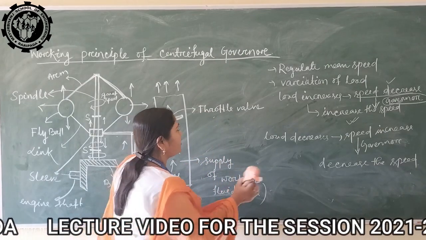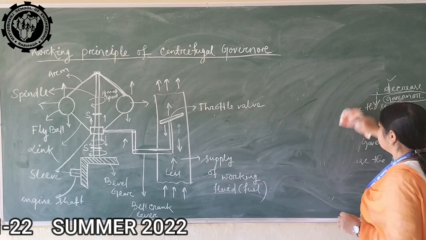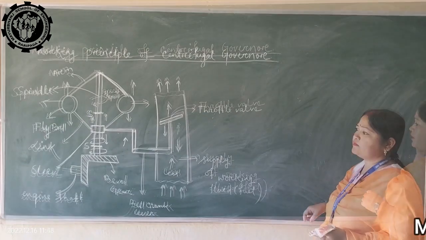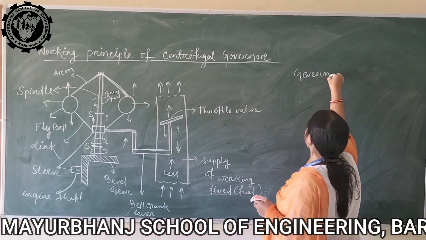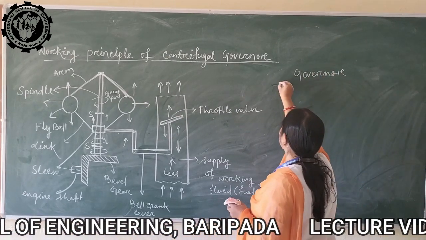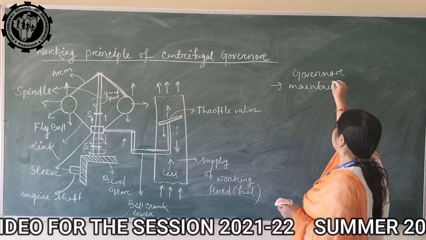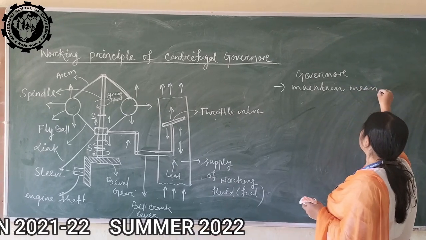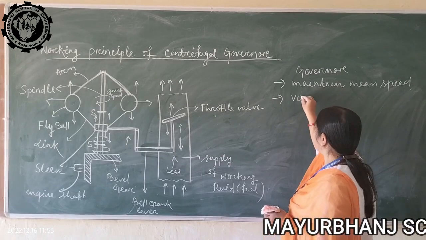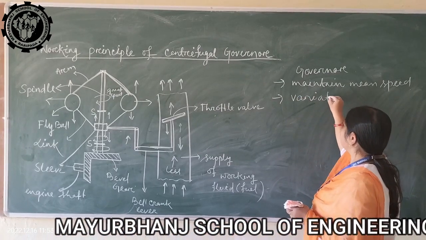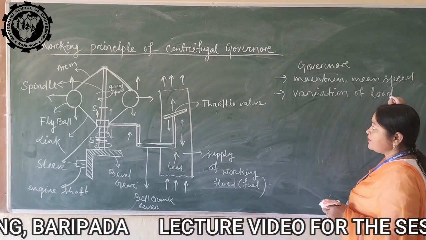So finally, I am talking about the function of a governor. What will a governor do? The governor maintains the mean speed of the engine when there is variation of load. How does it maintain the mean speed?